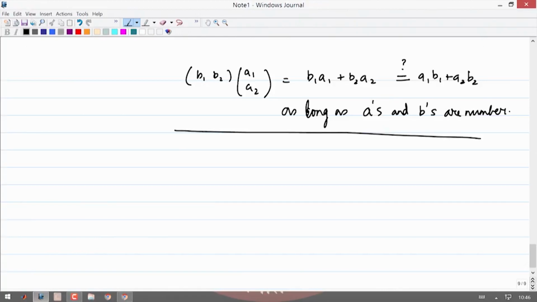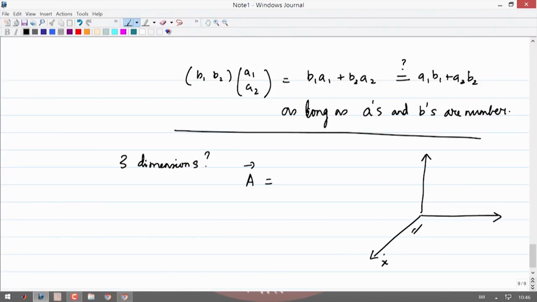Now, how do we extend this to 3 dimensions? It is again very simple. You recall that an arbitrary vector A in 3 dimensions, if you have to represent it geometrically, there are 3 basic coordinates, namely the x coordinate, and there is a unit vector along the x direction, a unit vector along the y coordinate known as the y unit vector, and a unit vector along the z coordinate, which is called the z.